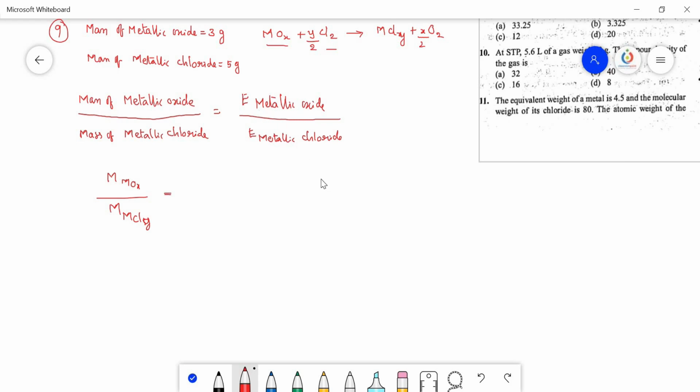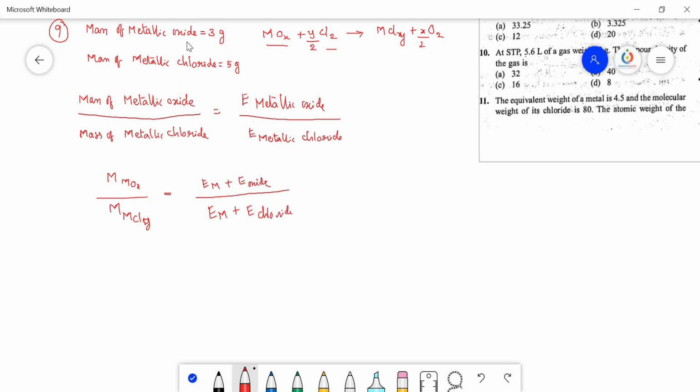So this metallic oxide contains which elements? Metal and oxygen. So this can be written as equivalent mass of the metal plus equivalent mass of the oxygen, divided by, here the metallic chloride contains metal and chlorine, so we can write it as equivalent mass of the metal and equivalent mass of the chloride.